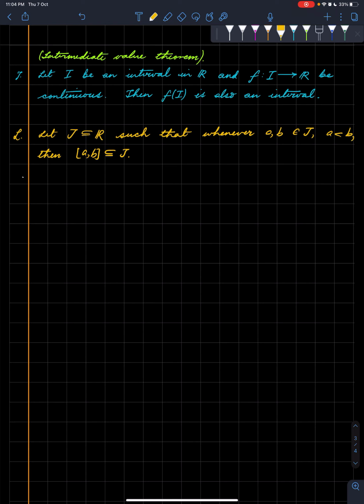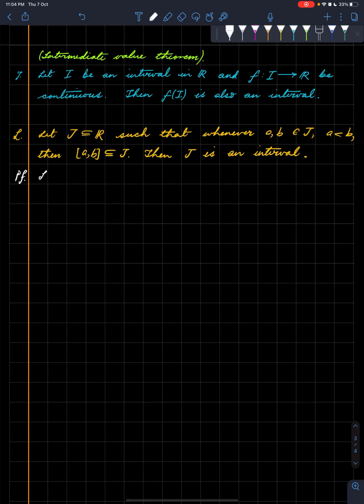This is called convexity. Then J is an interval. And again, this is not at all hard. This should be an exercise, but let me prove it.